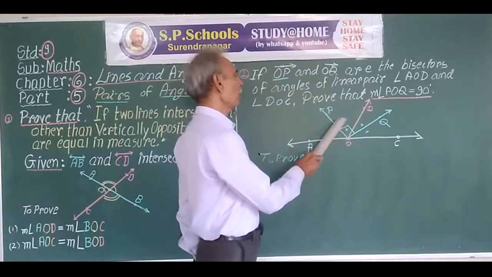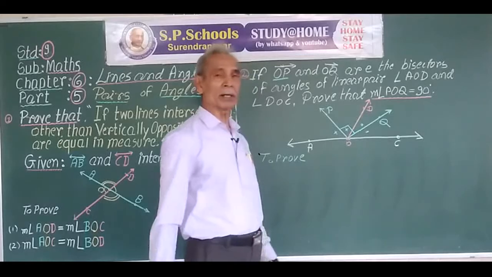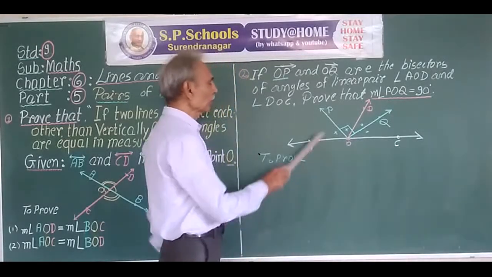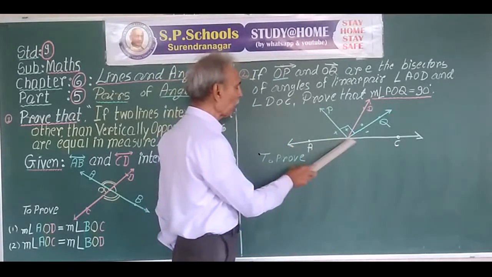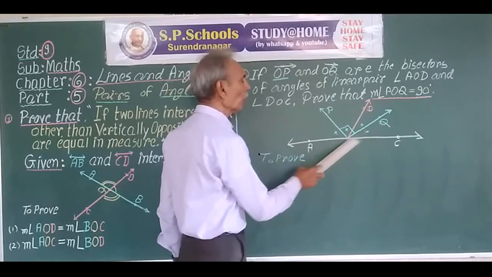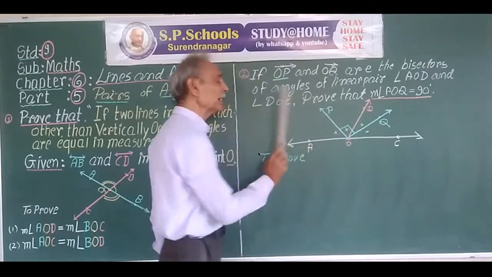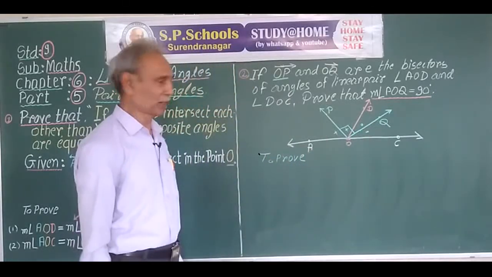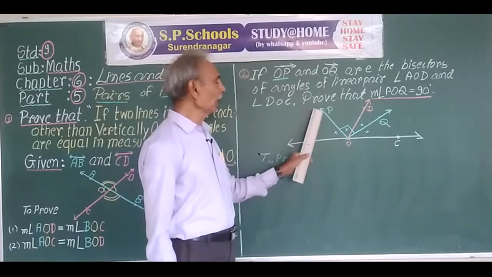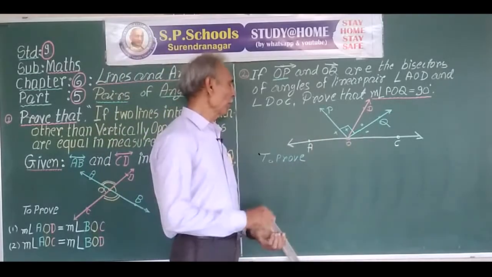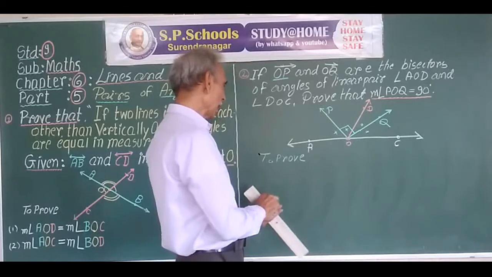That is, angle POQ is a right angle. Also, the sum of these two angles POA and QOC is also 90 degrees, the remaining two angles. But here, the angle POQ becomes a right angle.